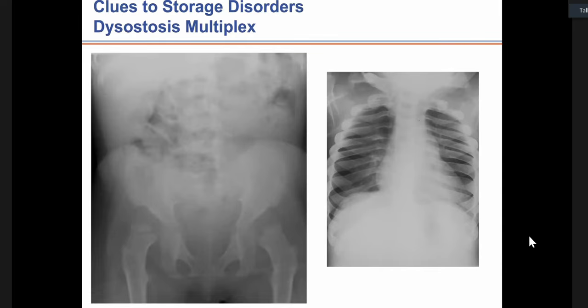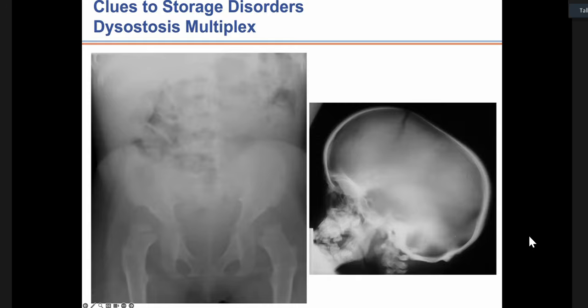Look for broad clavicles. Look for broad ribs, especially if at the back they're relatively narrow and then they get broad. Consider a storage disorder. Look at the width of this clavicle, and you're just seeing the clavicle here, very broad. Look for macrocephaly with a ground glass appearance of the skull and an elongated, often called a J-shaped sella turcica.